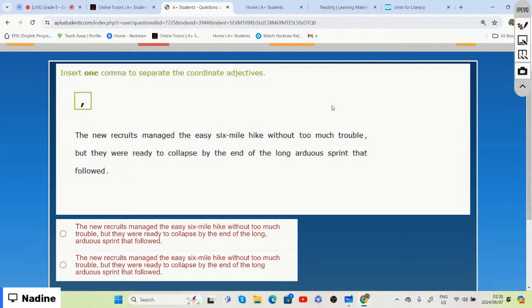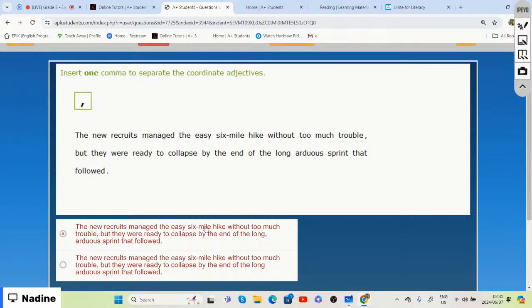Is it option one or option two? All right, if we were to select, we insert our comma to separate the coordinate adjectives, and then we choose option one.